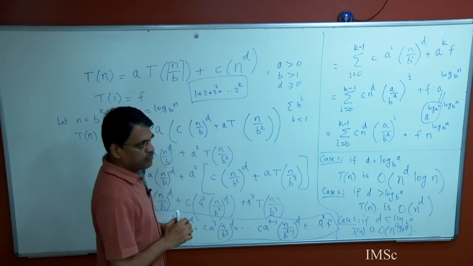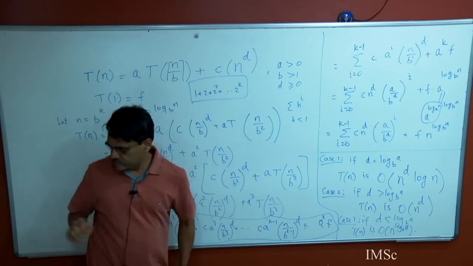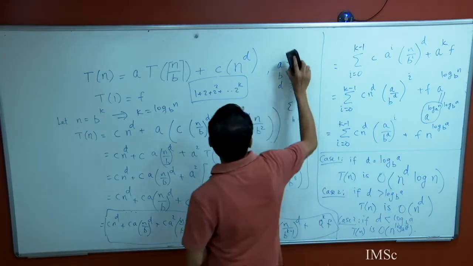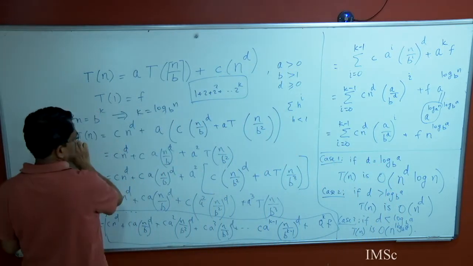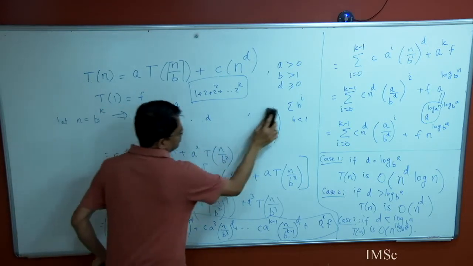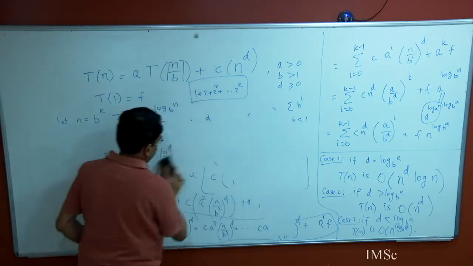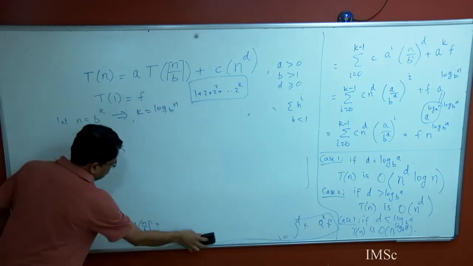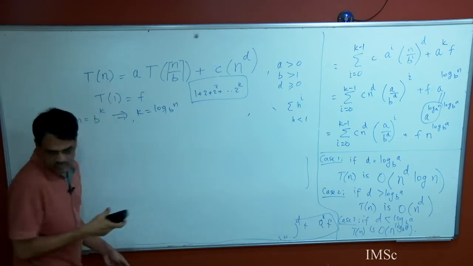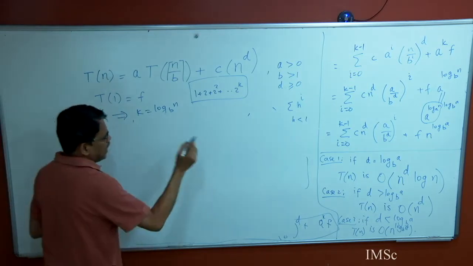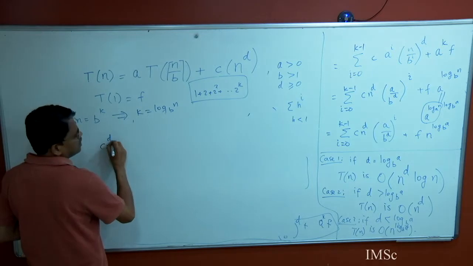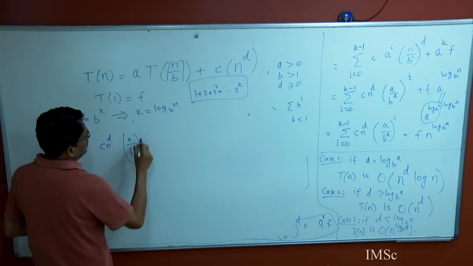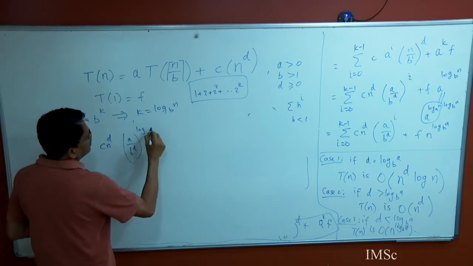Okay, so what is the last term here? The last term would be c n power d into a by b power d times log n to the base b, right?